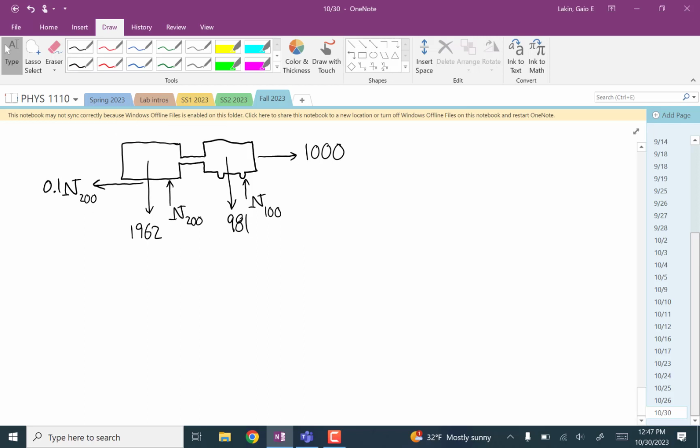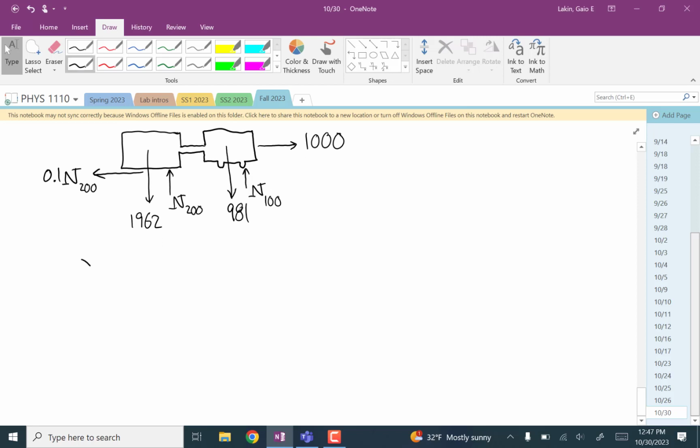Well, let's write out the equations and see what we have. Let's write out the vector equation first. So we got the friction, negative 0.1 N200, 0. The weight force, 0, negative 1962.